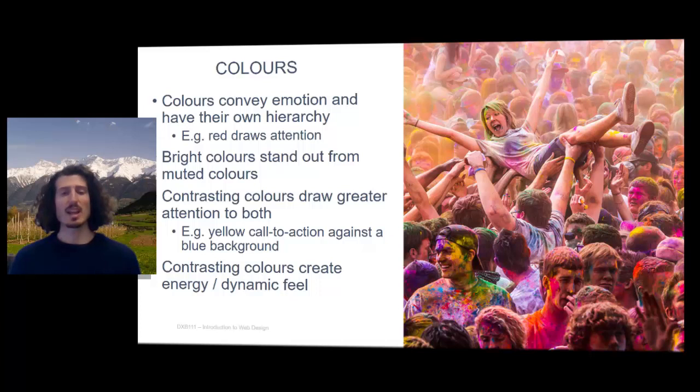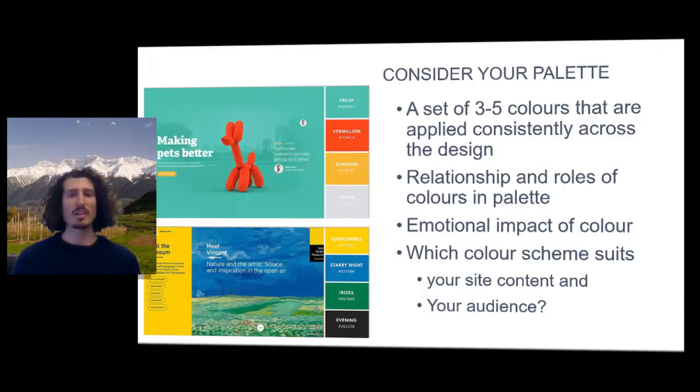So let's get into a little bit more of the theory here. All right, talking about color. First of all, we use the word palette to talk about all of the colors on your website. So in the industry, you might hear someone say, I'm just trying to figure out the palette for this new website I'm designing for a client. This is the decision of picking the set of 3 to 5 colors that you're going to reuse consistently across the design.